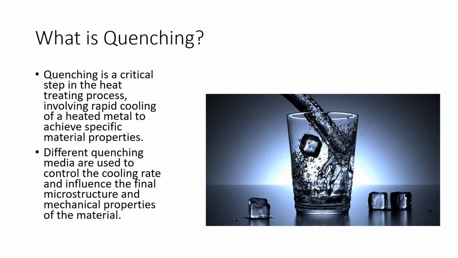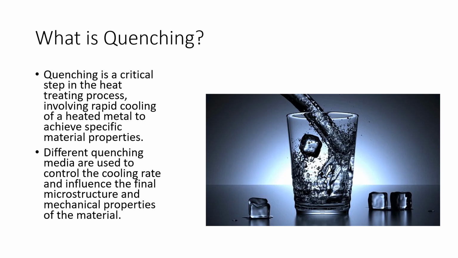So what is quenching? Okay, so quenching is, as I've said previously, a critical step in the heat treating process. This is the thing, I guess, that helps make steel what it is. We can take steel from a very high temperature and face-centered cubic, and we slam it into a quenching medium, and it cools down, and it gives us martensite, which is body-centered tetragonal.